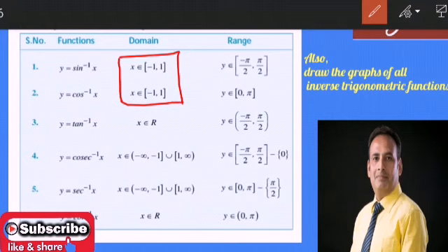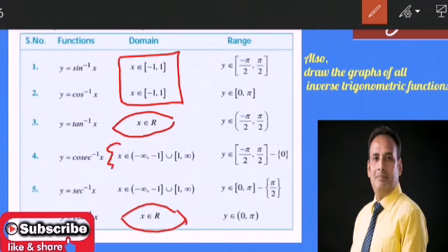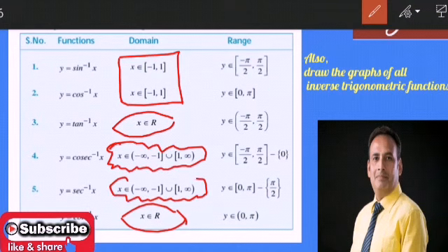And the domain of tan inverse x and cot inverse x is also the same, because the range of tan x and cot x is the same, that is all real numbers. And the domains of cosec inverse x and sec inverse x are also the same, lying between -infinity to -1, union 1 to infinity. At 1 and -1 there is a closed interval, and infinity undoubtedly is an open interval.